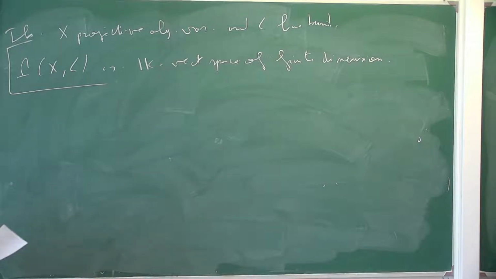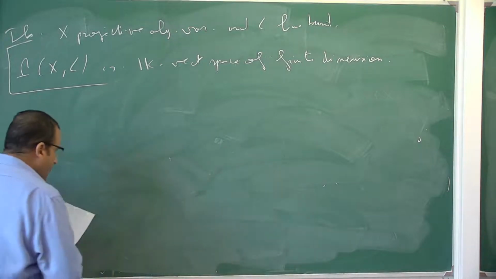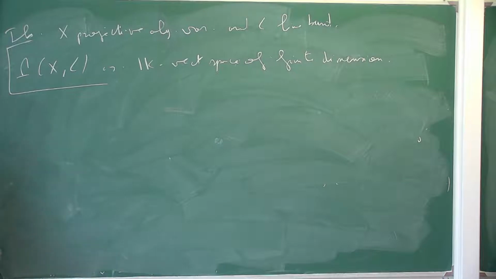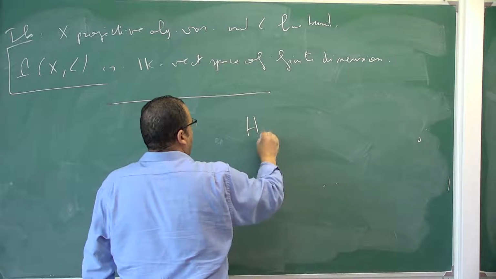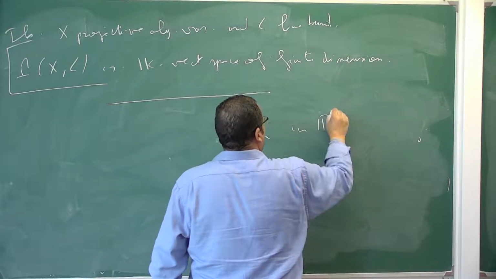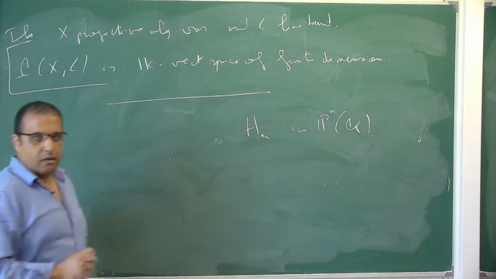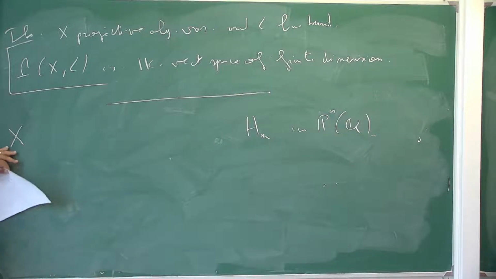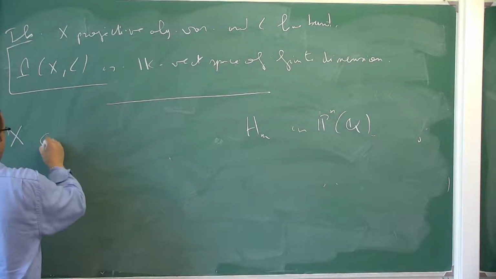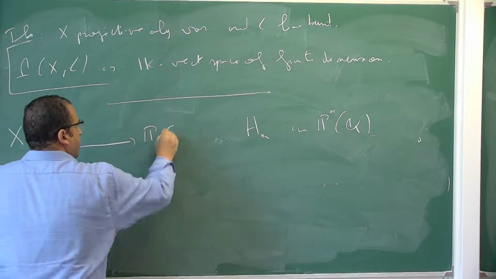And why did I introduce all this? Because the idea is that in the first part we constructed height in projective space. Now if X is a projective variety, we need to construct some height which will give us a way to measure the size of points here. So the idea is to construct some embedding φ of X in some projective space.